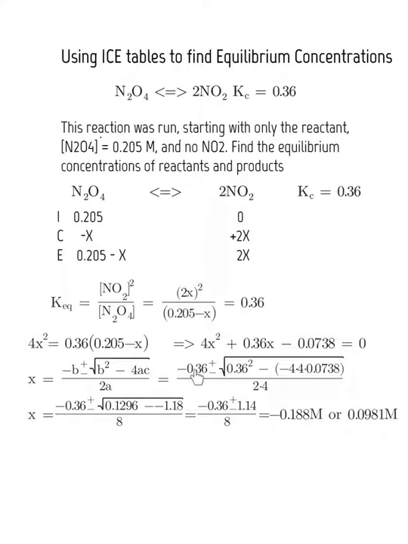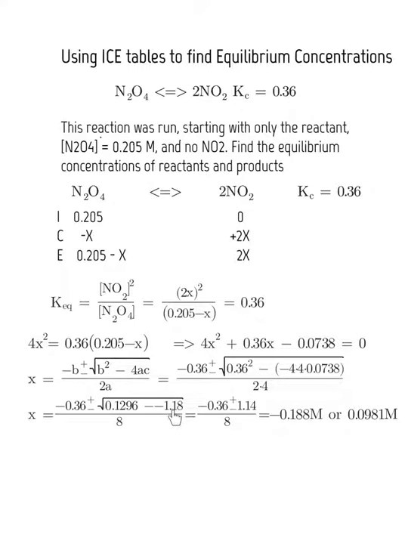Now, if we plug in the values, notice this is our A, this is our B, and this is our C. So we'll plug in those values into this equation, and so we're going to get this expression. Now, if we continue with it, we would get this expression down here. This is 0.36 squared, and this is 4 times 0.0738.